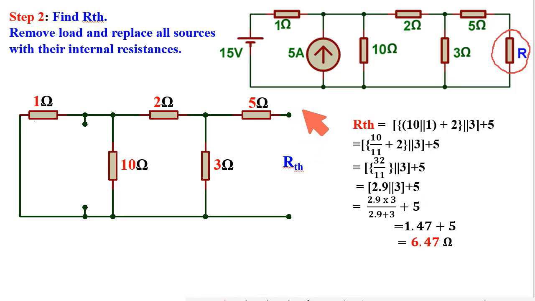Say I have started from this point A. Say this is B. So from A I start walking: first 5 ohm resistance. From this 5 ohm resistance I got 2 paths. This is one path, this is another path. One path has 2 ohm, another path has 3 ohm.